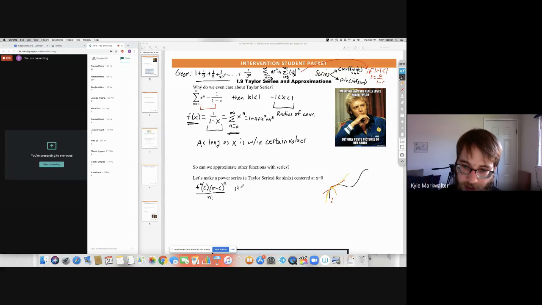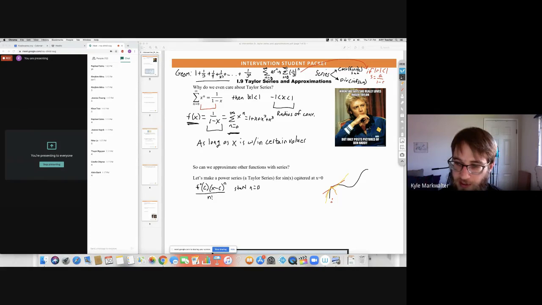We always start at n equals 0. So we'll start with the 0th derivative, which is just f. x minus c to the n, which is just 1, over 0 factorial, and 0 factorial is 1. So we use this formula to just repeat our steps over and over again.